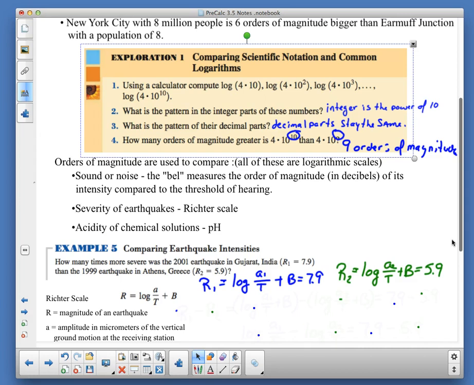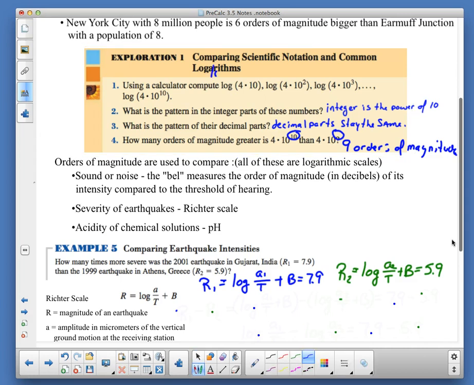Well, that means the common log of 4 is 0.6, because the common log of 10 is just 1. Does that make sense? Yes or no? Because based on what we've done, this should be the log of 4 plus the log of 10. This one should be the log of 4 plus the log of 10 squared.